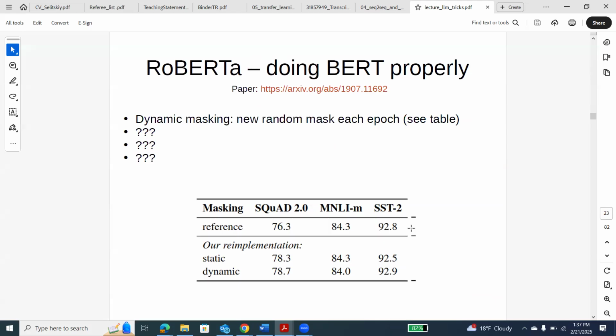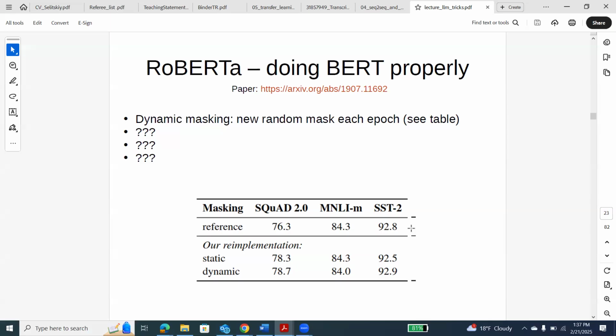People, of course, tried to modify this original BERT model and tried different things. One thing was, why should we train the model on pairs of sentences? Why do we need this next sentence prediction task?